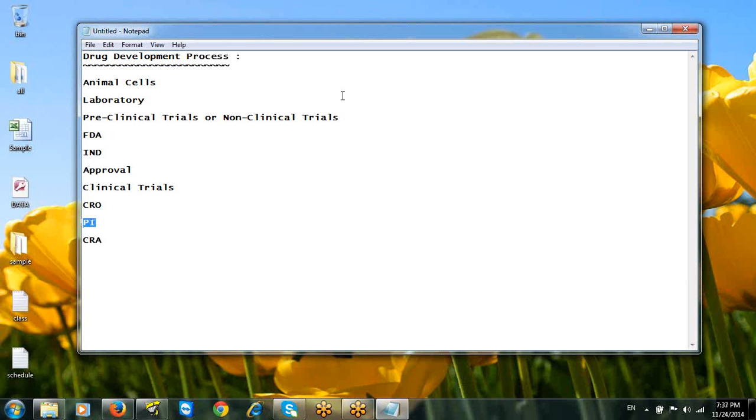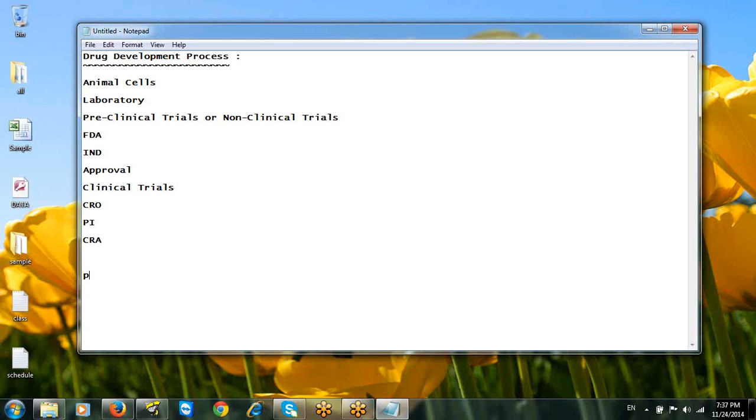Whether he can continue with the trial, or if one particular trial is better than another one, or one chemical compound is better than the other one, or if we got any adverse events, all that information will be given to the principal investigator by the IRB or ethics committee. So based on their views, the principal investigator will decide in what pattern he should proceed with the trials.